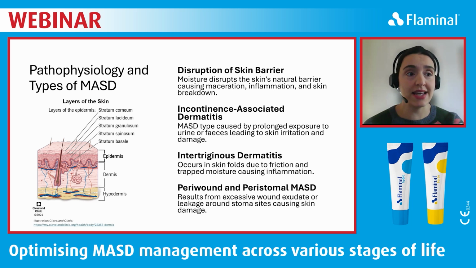But despite this, cells can take between 14 to 28 days to reach from the stratum basale to the stratum corneum. So when you're implementing a care plan, we should have in consideration that time frame to allow the regeneration of the skin.